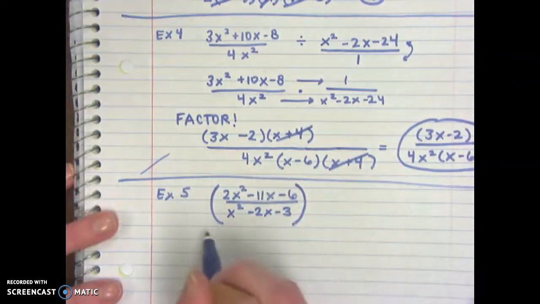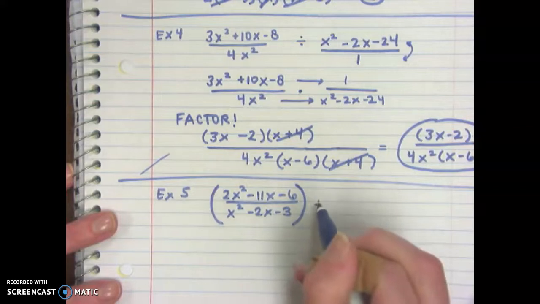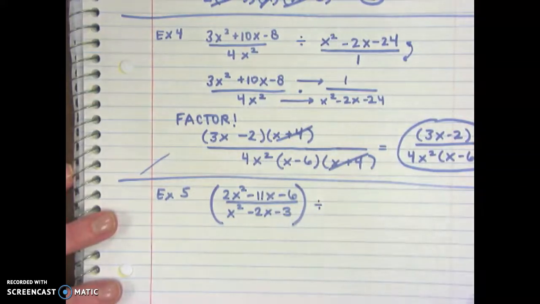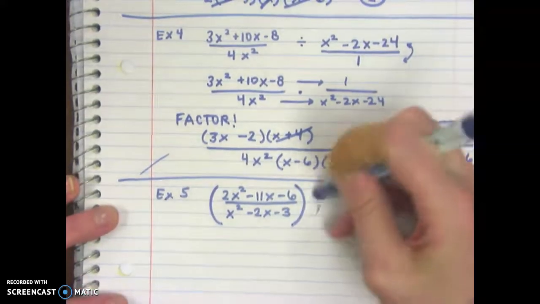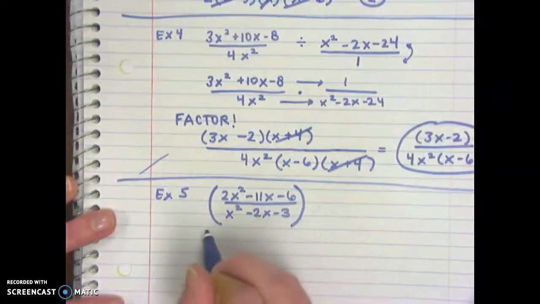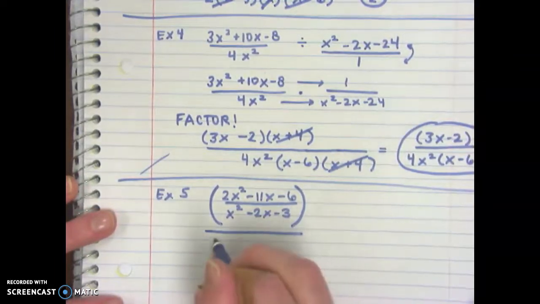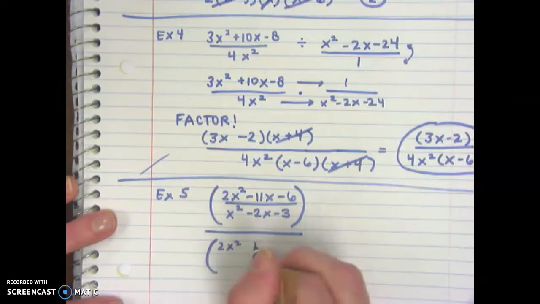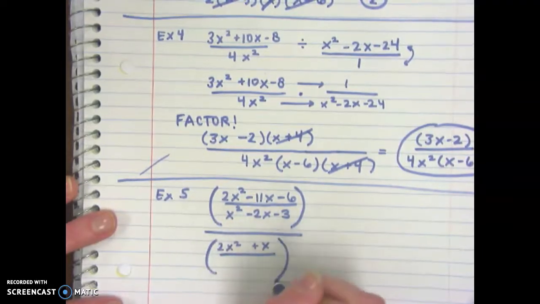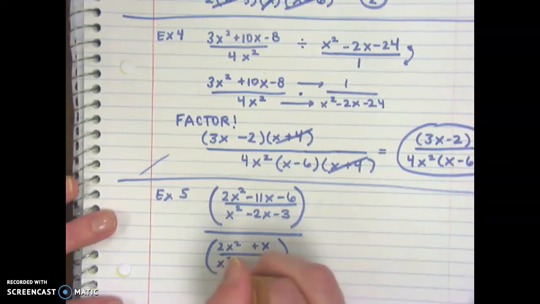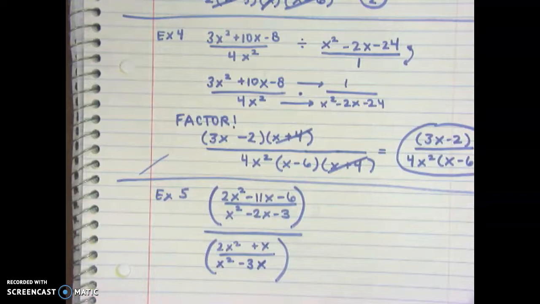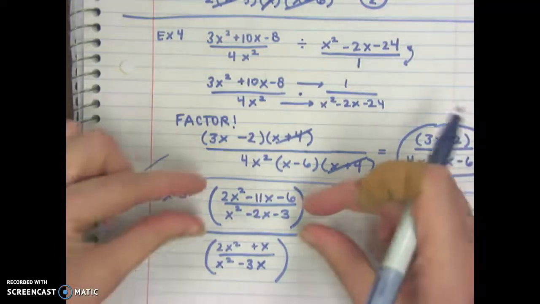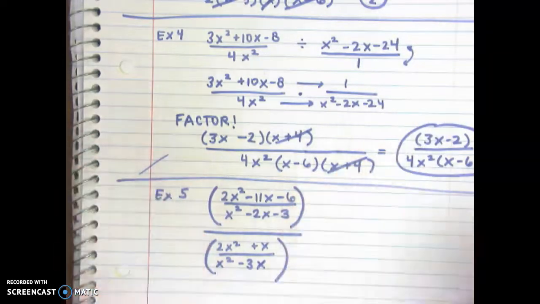That whole expression, instead of writing it horizontally, you might see division written vertically. 2x squared plus x over x squared minus 3x. It's just one rational expression divided by another rational expression.